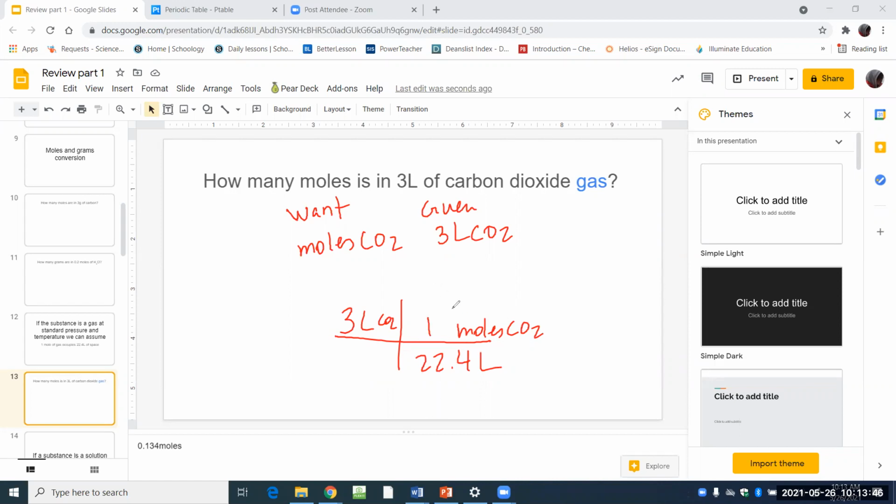So this is the conversion factor that you need to use for gases. If we do that, we just take 3 times 1 divided by 22.4, and the answer will be 0.134 moles. So it's much simpler if we're using gases. It doesn't matter what gas it is. This is the conversion factor that you'll be using.